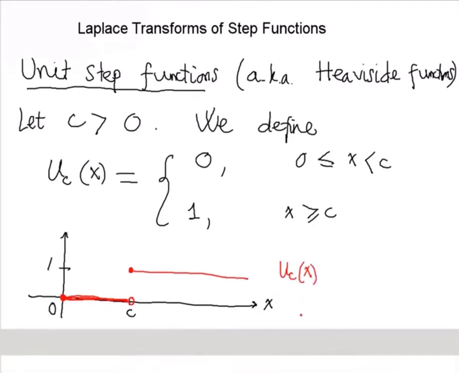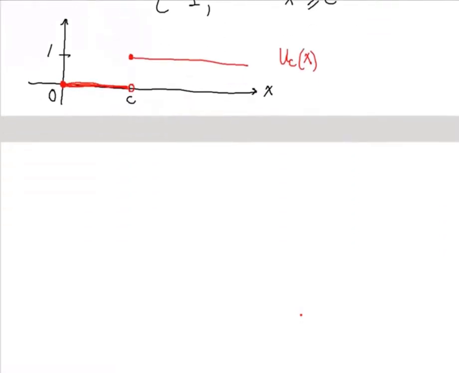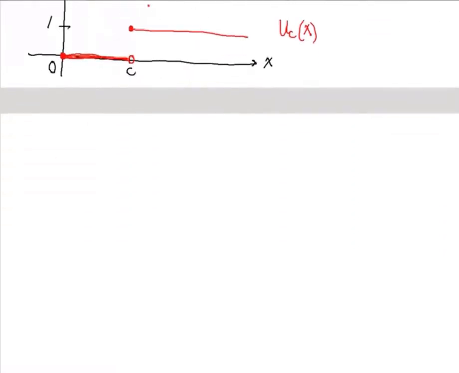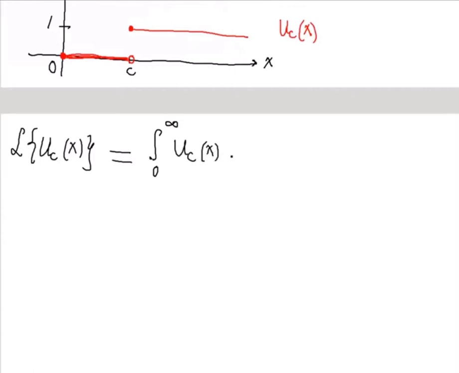Let's compute the Laplace transform of such a function using the integral definition. The Laplace transform of u_c(x). As usual, we have the integral from 0 to infinity of u_c of x times e to the minus s times x dx.